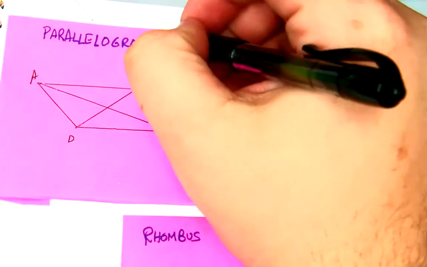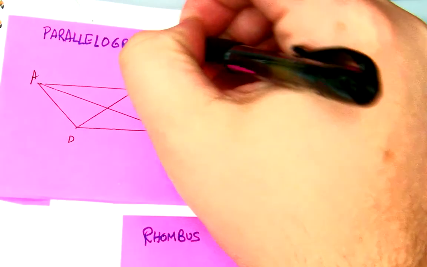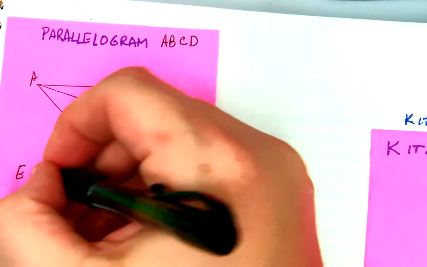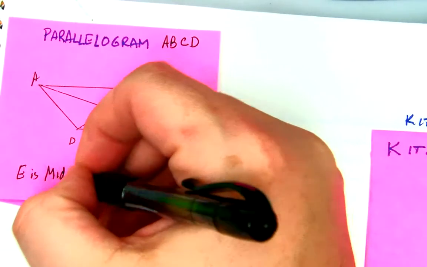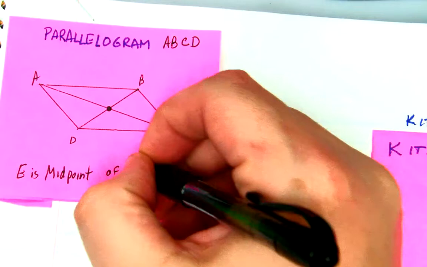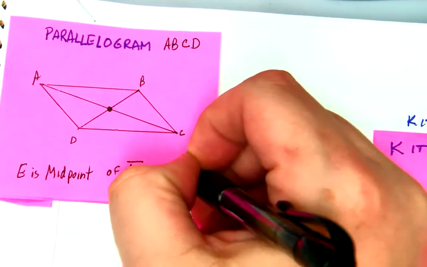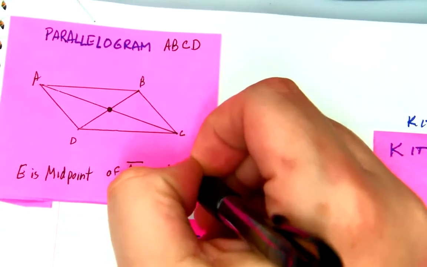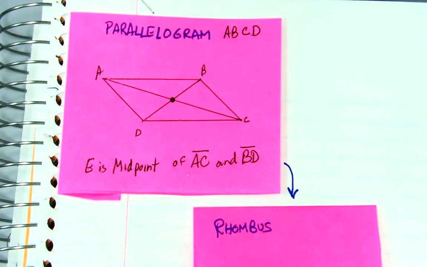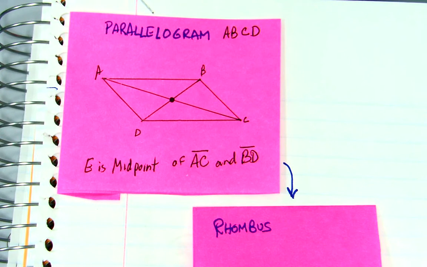And so you have parallelogram ABCD, and E is the midpoint of segment AC and segment BD. So we have this picture for the parallelogram, which is what we found when we worked on one of the parallelograms, which was one of the 6 shapes.